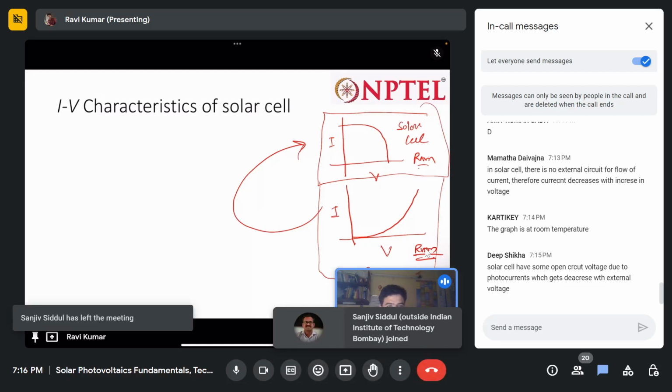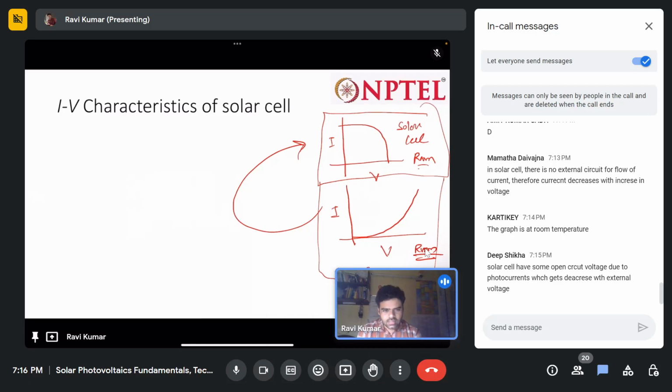Deepsikha is saying solar cell has some open circuit voltage due to photocurrents which gets decreased with external voltage. You are making a big mistake here.